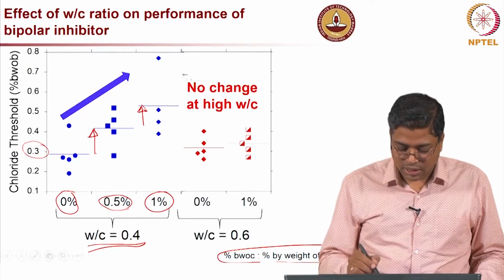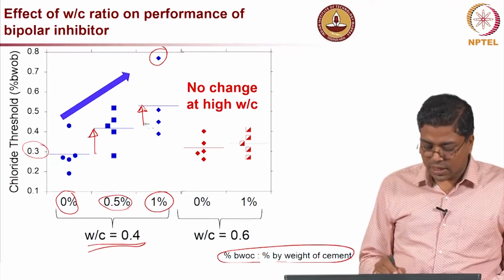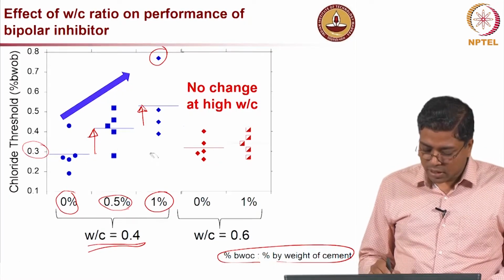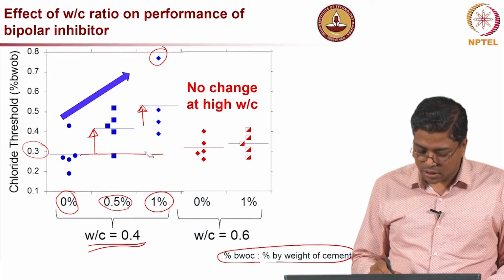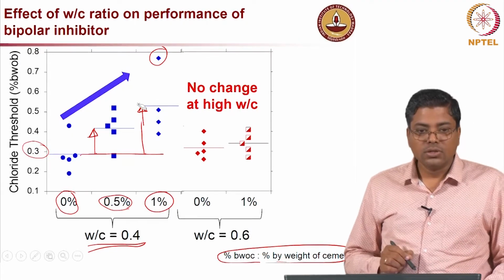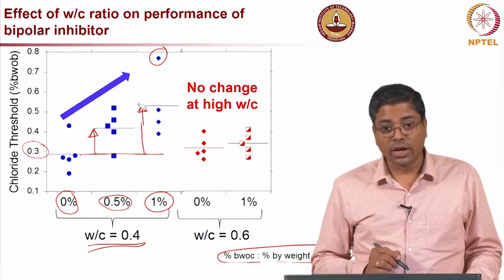But again I must say that there is one outlier probably here. So, at least we can say that there is an increase from the case without the corrosion inhibitors. Definitely the use of corrosion inhibitors seems to increase the chloride threshold.